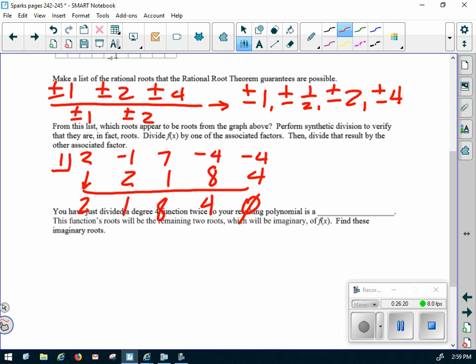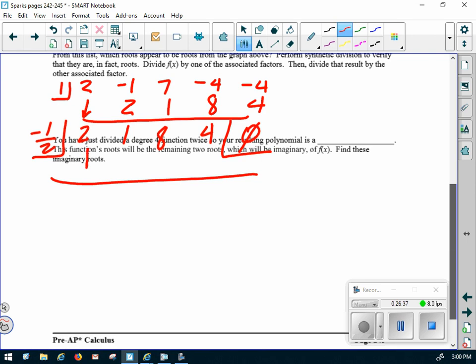Now we want to see what -1/2, was that the other one we had? Don't go back to the beginning. You can see is -1/2 a root of what's left. -1/2 of 2 is -1. Bingo.